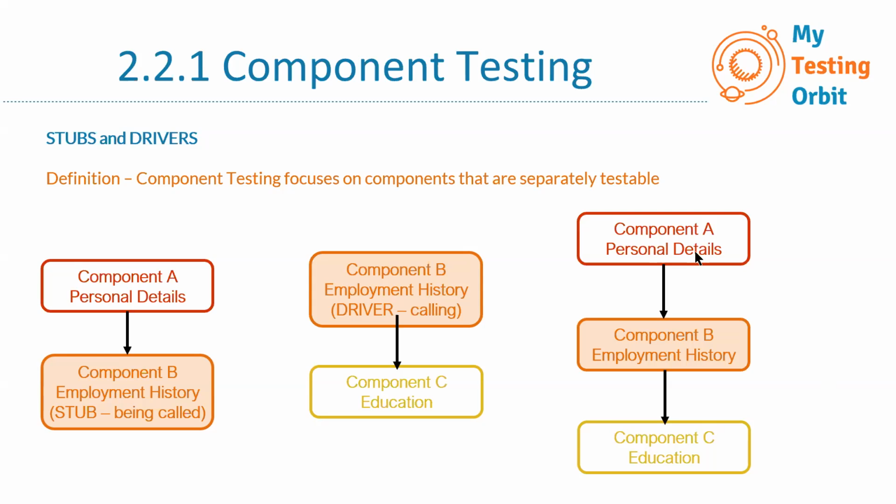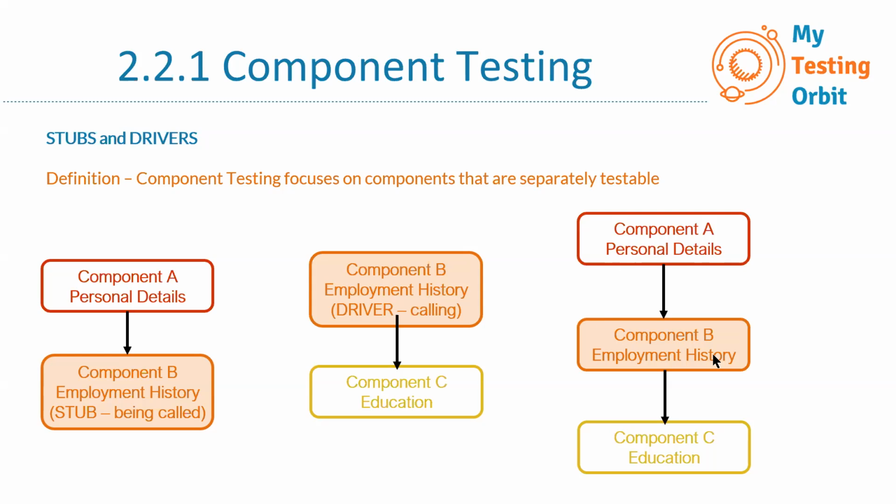So for example, let's take an example that we have personal details over here. And in personal details, we have a field which also requires a parameter from component B. Let's say we have a requirement of age, where we are taking date of birth in personal details and calculating the age of that person.